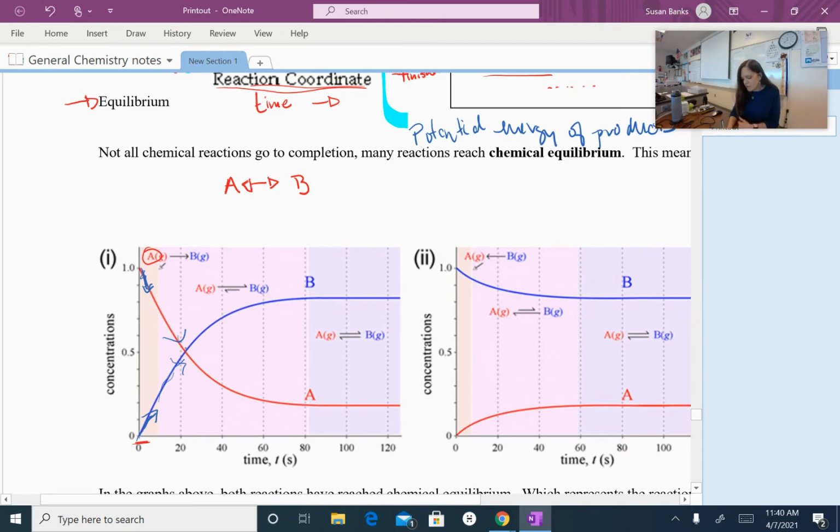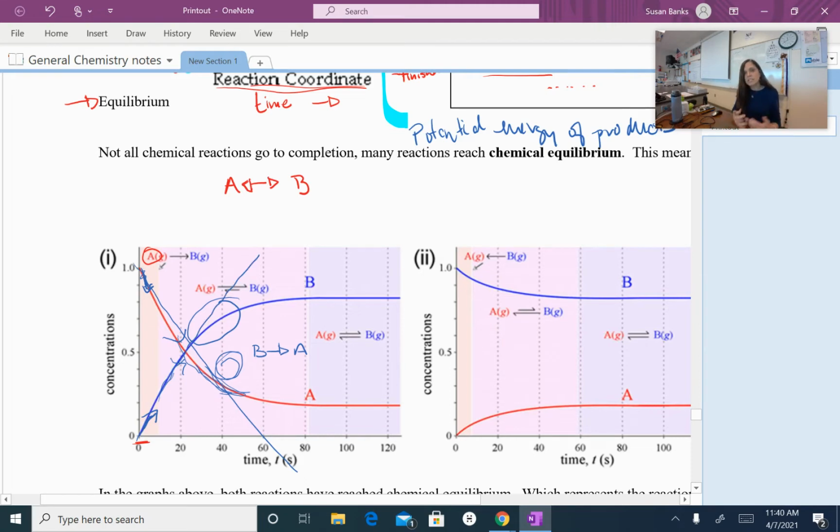But notice about here, my reaction rate starts slowing down and it starts curving. I don't have this straight line. I don't use up all of A because at this point, B is starting to be made back into A. And notice my concentration of B doesn't go straight up either, okay?